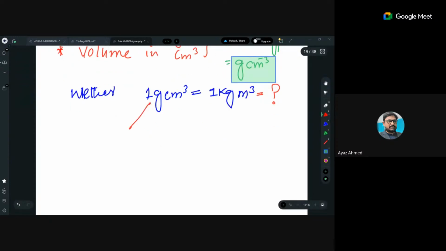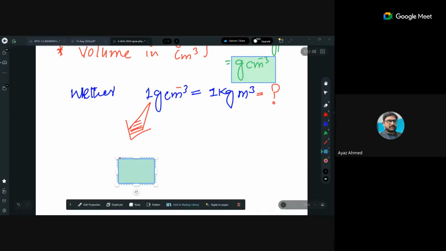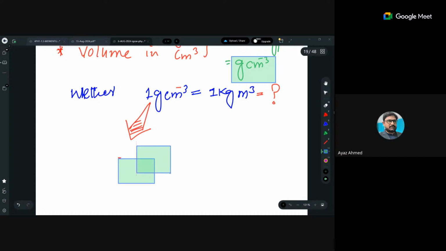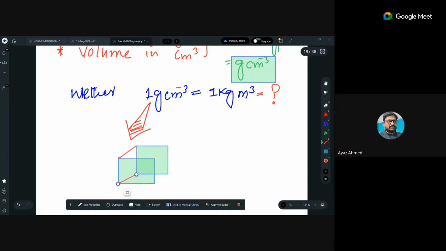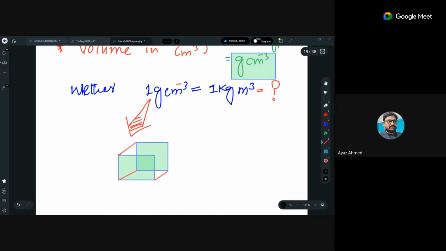Okay, then let's have a logical reasoning behind it. What does 1 gram per cubic centimeter mean? If I have a block of 1 cubic centimeter, and in that block I measure the mass of that object and I get that its mass is equal to 1 gram, then its density is called 1 gram per cubic centimeter.